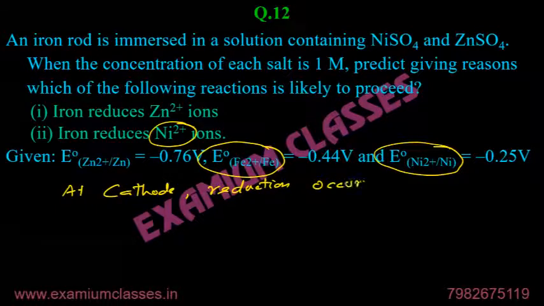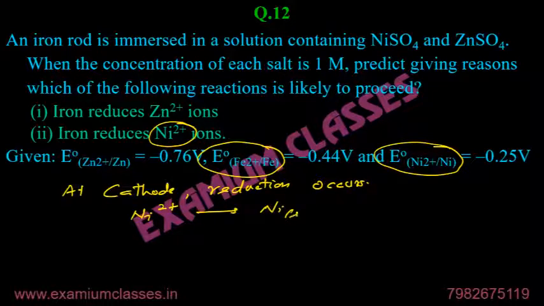Reduction. And what is getting reduced? Nickel. Ni2+ is getting reduced to Ni. Obviously, it will gain 2 electrons. And for this one, E is given as minus 0.25.